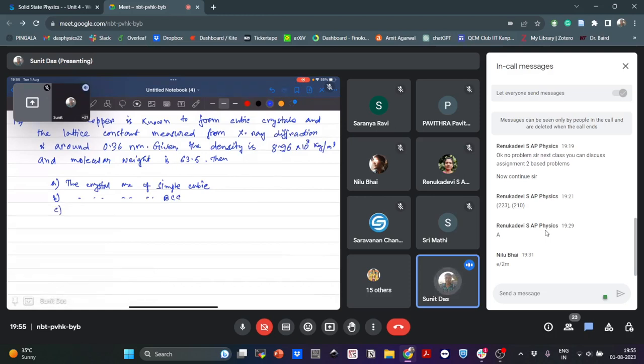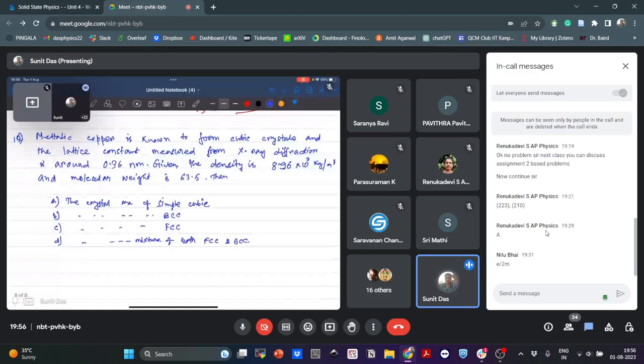Basically, the crystals are a mixture of... So the question is, metallic copper is known to form a cubic crystal.